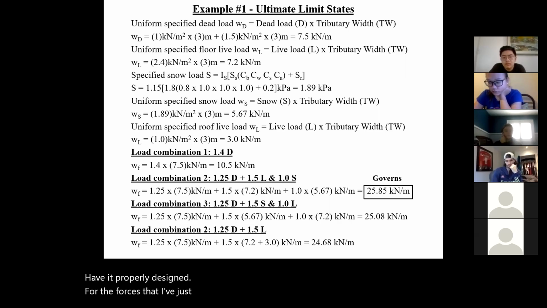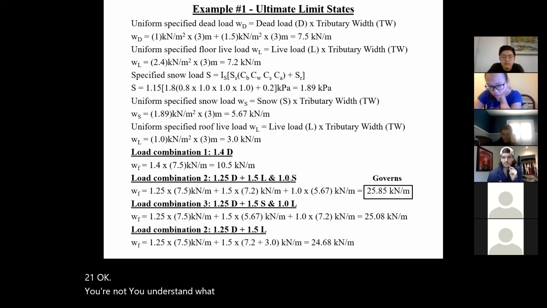Sir? Yes. Your last one looks exactly like the second one, just without the snow load. Would that ever govern over the second one? Believe it or not, David, before they changed this from 0.5 to 1, okay? You understand what I'm saying?